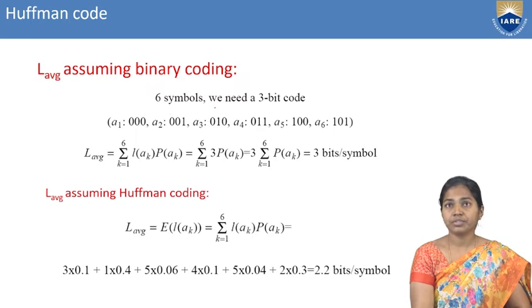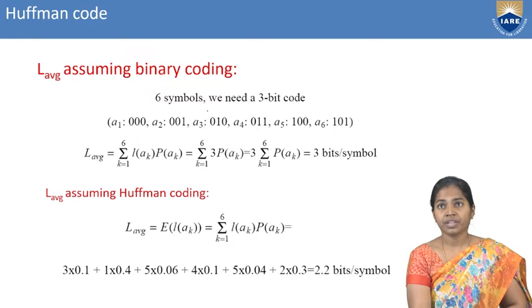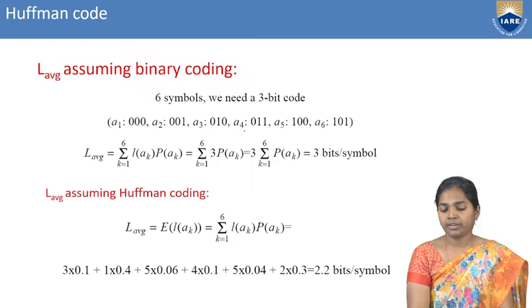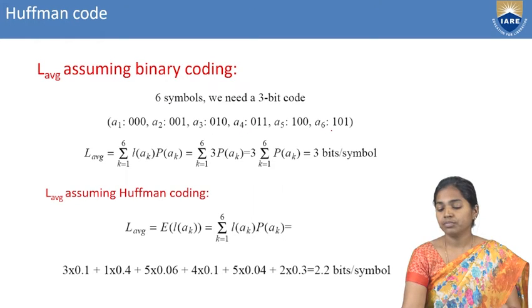In this we are using a total of 6 symbols, so we need a 3-bit code. For example, A1, A2, A3, A4, A5, A6.